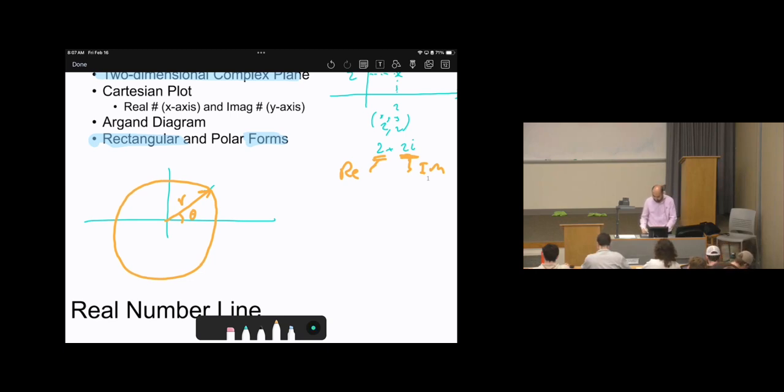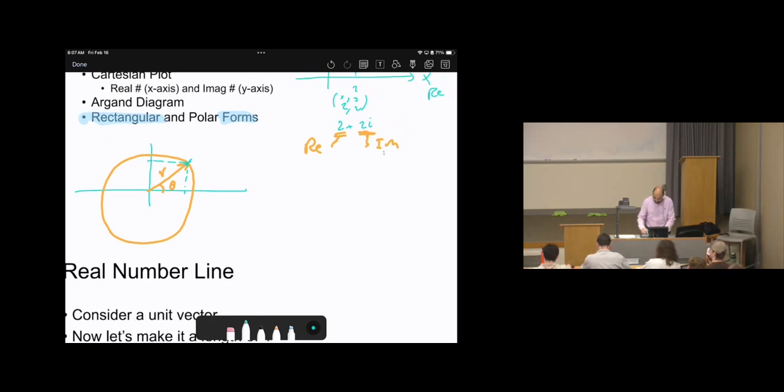While the rectangular form goes to the x-axis and y-axis. So I think you need to be familiar with the polar formats, where it's like this, or rectangular formats, where it's like this, and how to make the conversion between polar and rectangular.